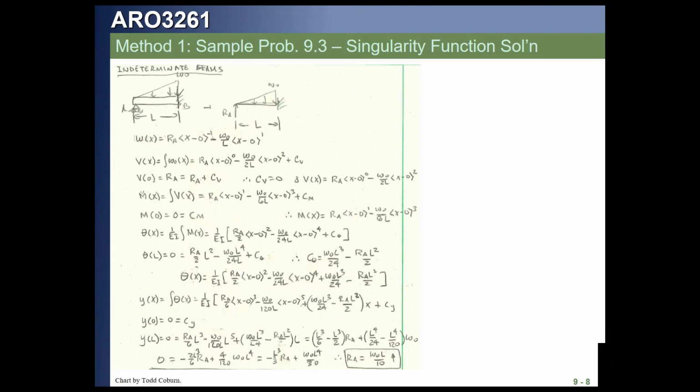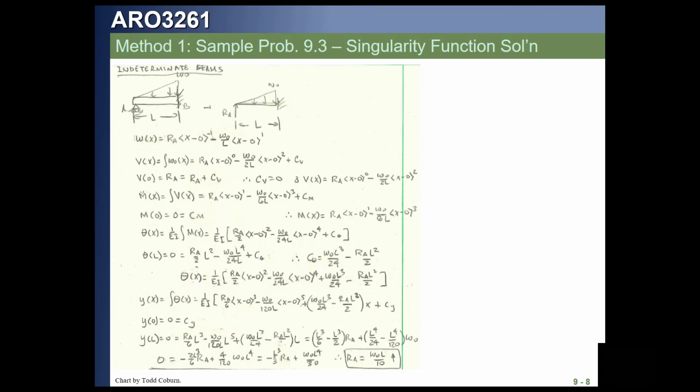We integrate that once, and we find that since the first term has a -1, all the integration does is cause that to go to 0. For the next term, since we had a coefficient of 1, that now goes to 2, and that throws a 2 in the denominator, and we have a coefficient of integration.